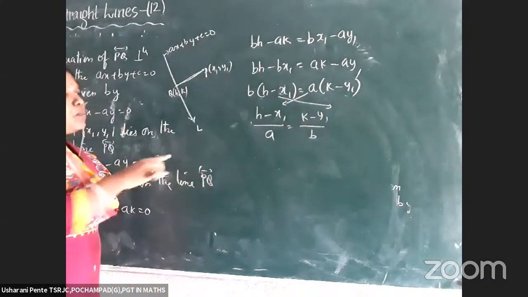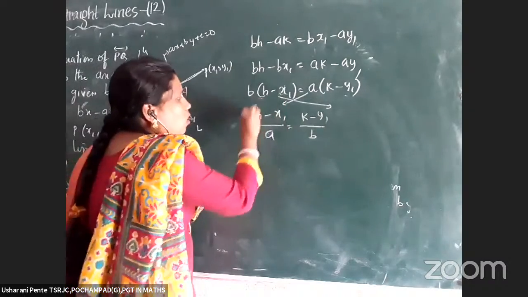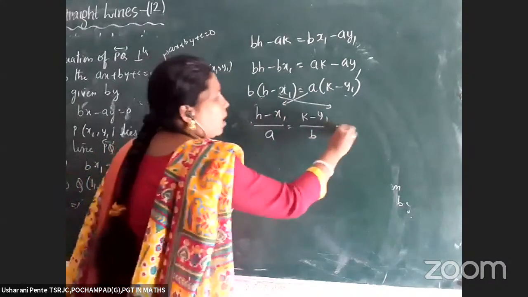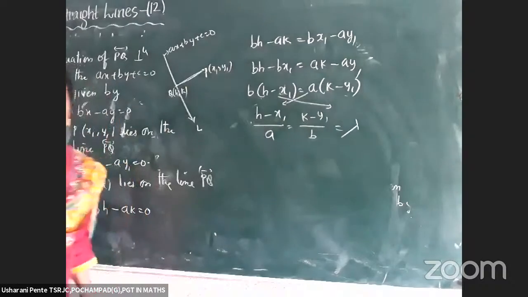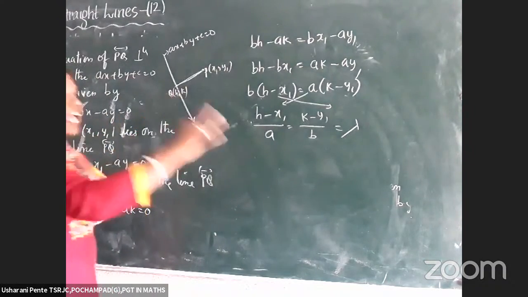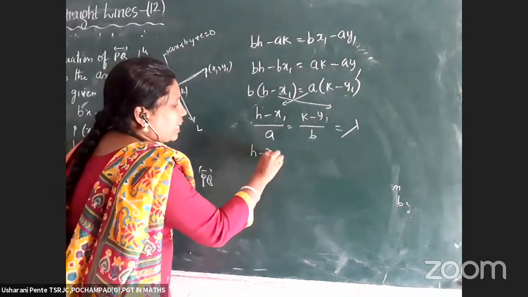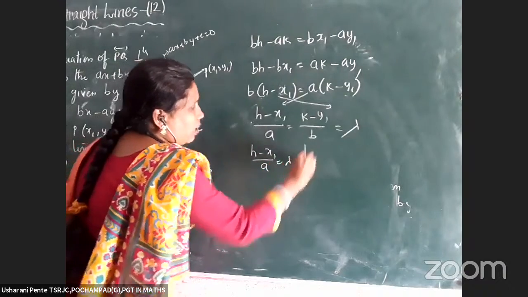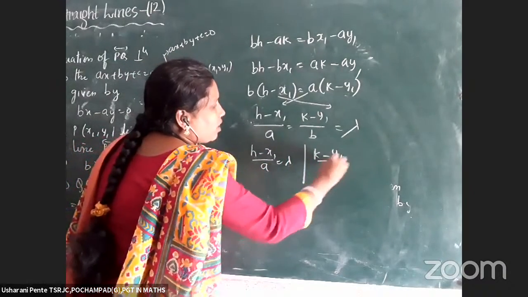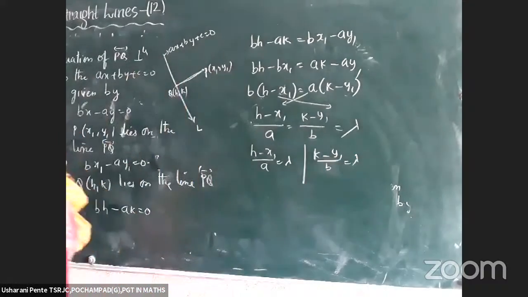To find the value of h, we will equate this to some constant, lambda. So (h minus x1) by a is equal to lambda and (k minus y1) by b is equal to lambda.